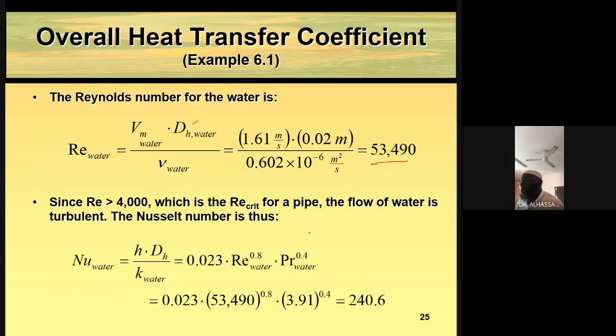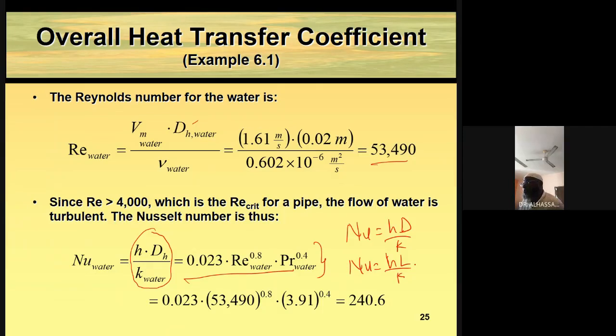For a turbulent flow situation, the appropriate Nusselt number correlation to use is this equation. You calculate this value, then equate it to the generic formula. Generally, Nusselt number is given by h D divided by k for a pipe, and for a plate, Nu equals h L divided by k.